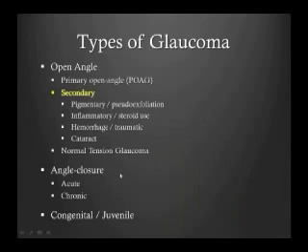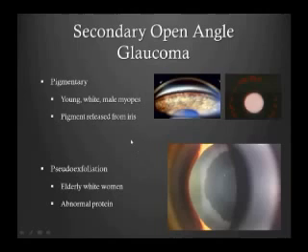Like I said, open-angle glaucoma is when you see the drain is open, but there's no obstruction. Secondary open-angle glaucoma is where the drain is open, but it's clogged with something, and we can often see that on examination. There are different ways that it can be clogged. Some patients have pigmentary glaucoma, where pigment is released from the iris and clogs the drain.